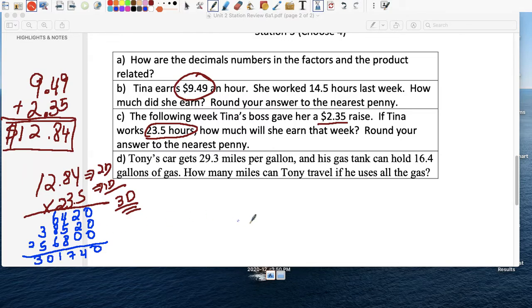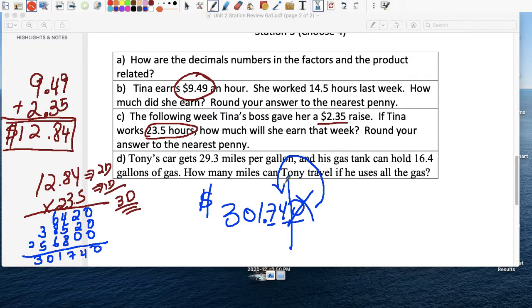It looks like my answer is 31740. 3 decimal places would be 1, 2, 3. Now remember, this is money, so the last number has to go away. So we're going to come up with a line here, and that 0 will be cut off. But before we throw that out, let's ask ourselves, can the 0 move the 4 higher? No, we cannot. So how much money did she make that week?